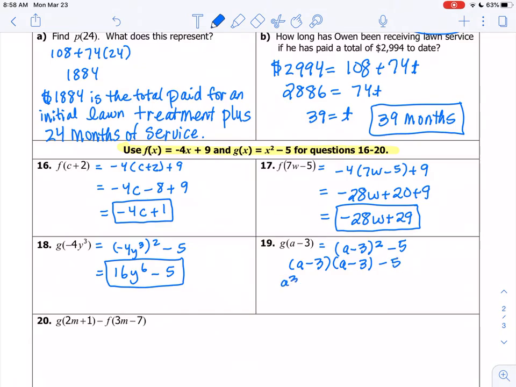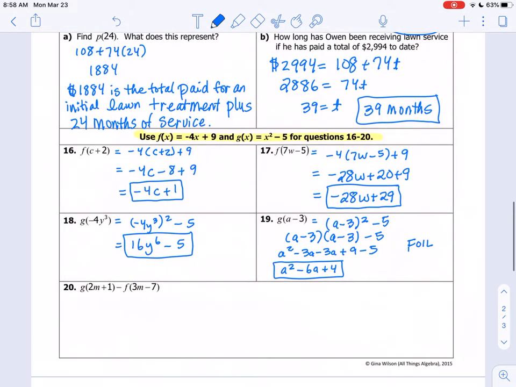So that gives us a squared minus 3a minus 3a plus 9 minus 5. So that's FOIL. So that gives us a squared minus 6a plus 4.